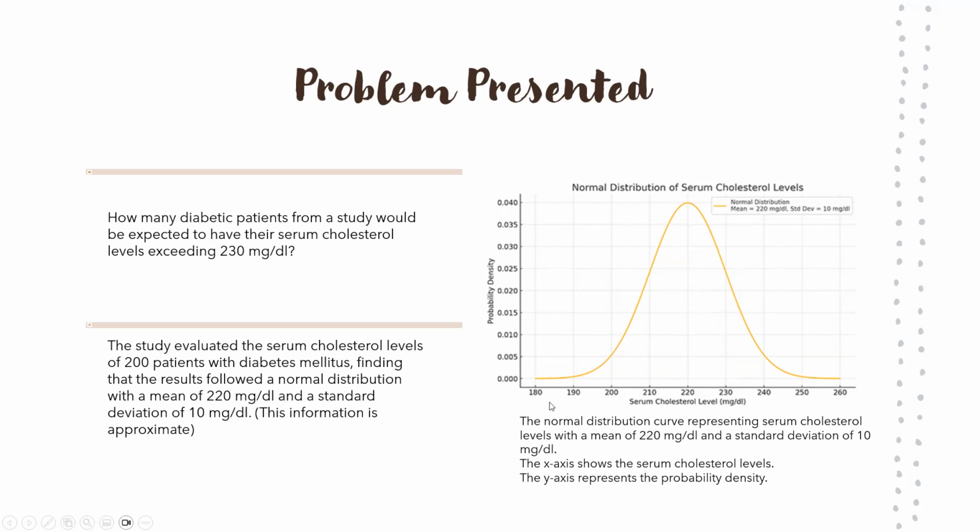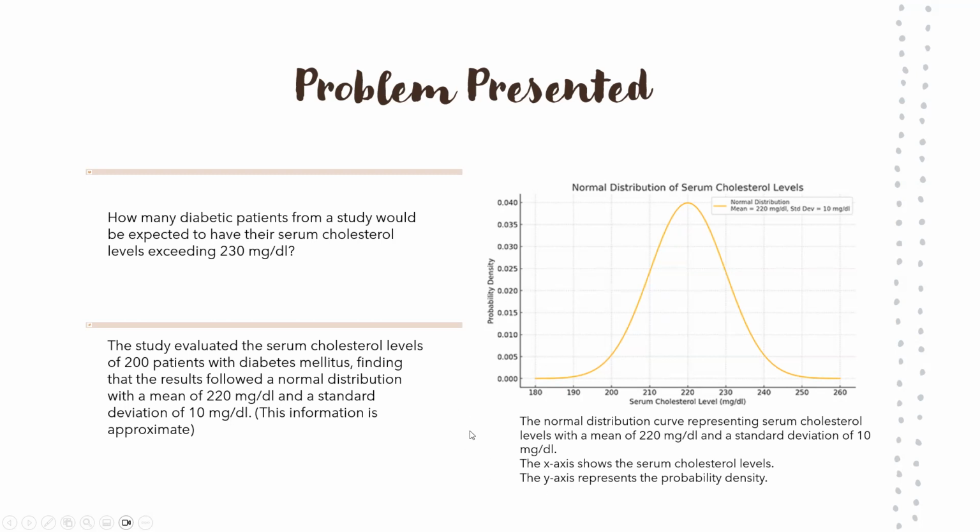The x-axis shows the serum cholesterol levels, 220, 230, 240, 250, and 260. The y-axis represents the probability density. So what would be the probability density?